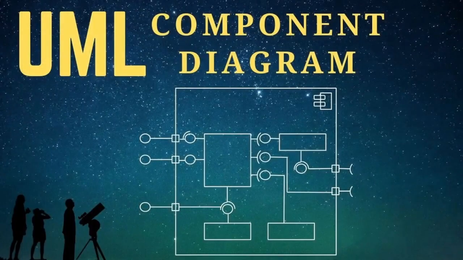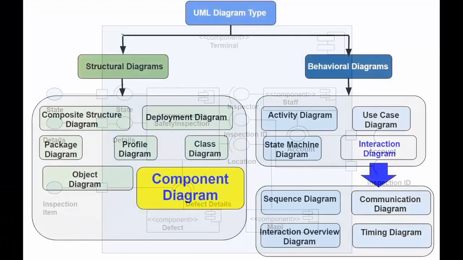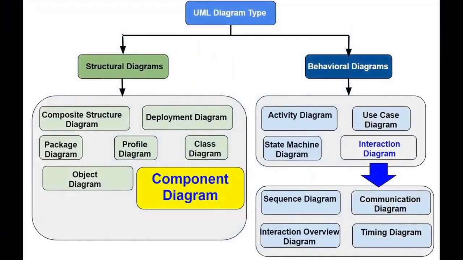UML component diagrams are used for modeling physical aspects of object-oriented systems that are used for visualizing, defining, and documenting component-based systems, as well as constructing executable systems using forward and reverse engineering. Component diagrams are essentially class diagrams that focus on system components that are often used to model the static implementation view of a system.